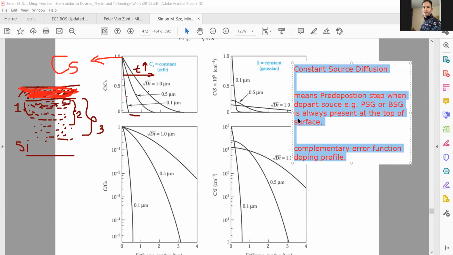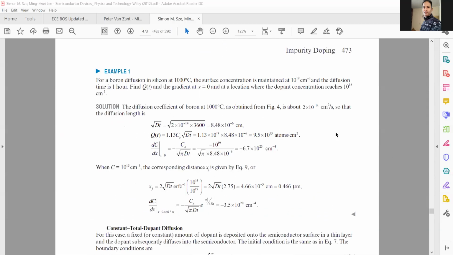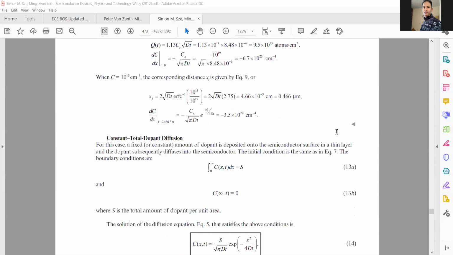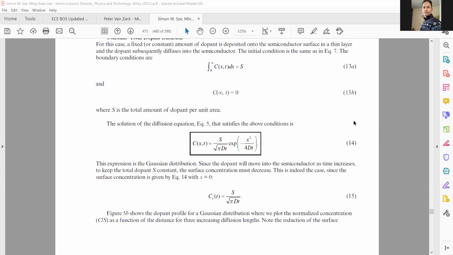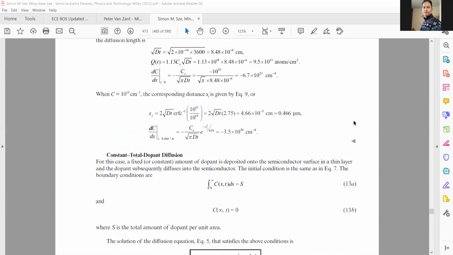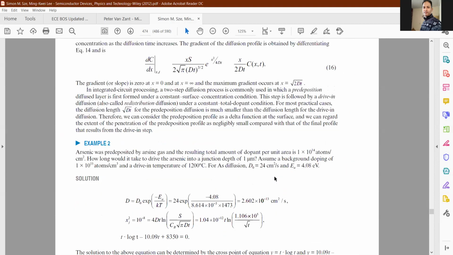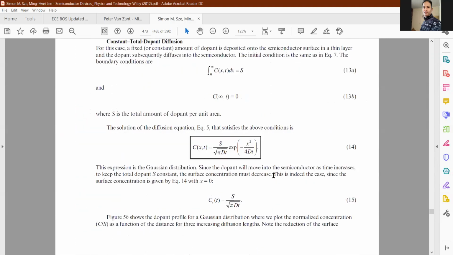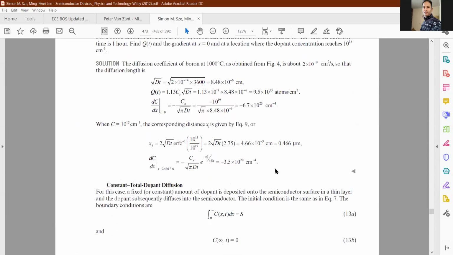Now the second case is called constant total dopant diffusion, which is also called limited source diffusion. Why is it called limited source diffusion? It is because during the diffusion process we are not allowing fresh dopants or new dopant atoms to enter the volume.